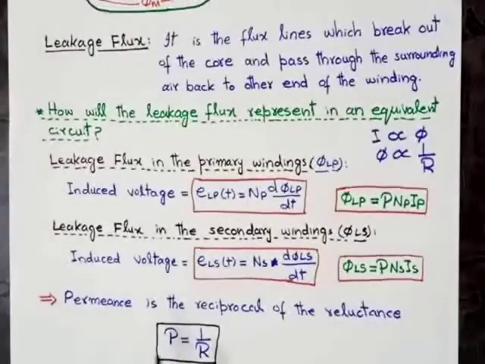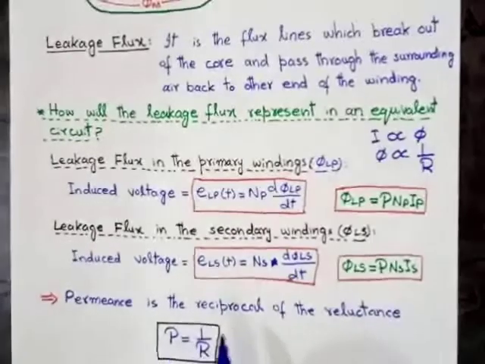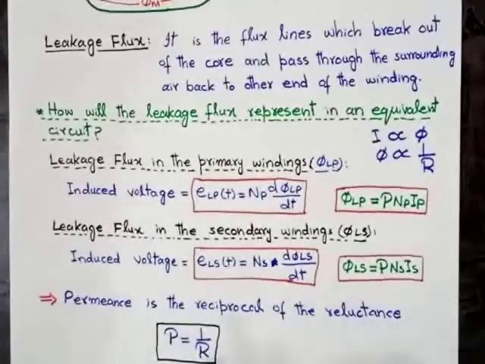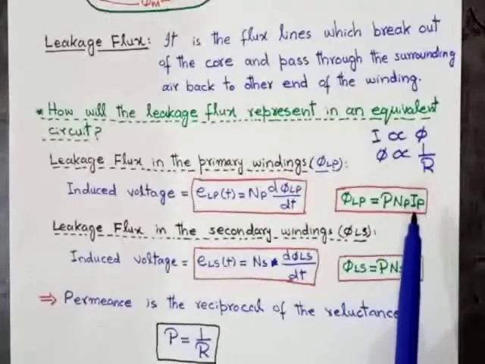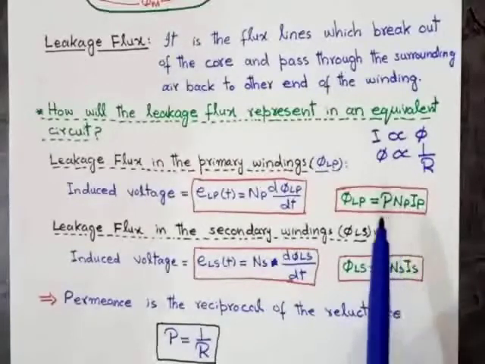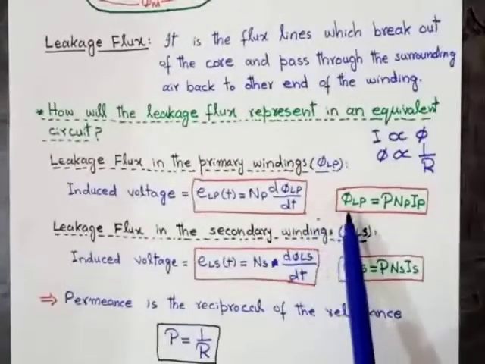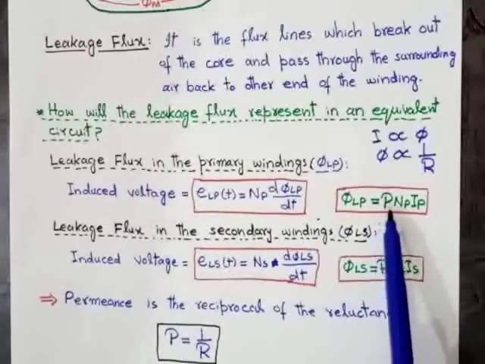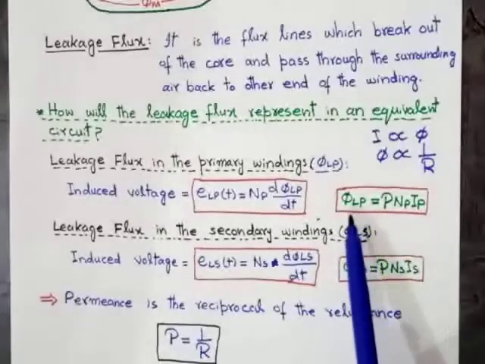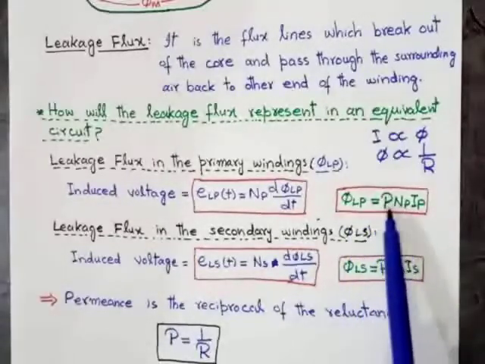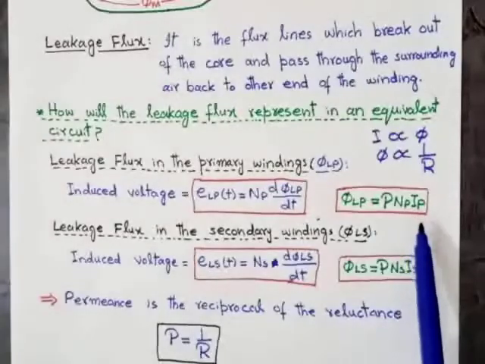And as we have already discussed, permeance is the reciprocal of the reluctance, that is P is equal to 1 over R. If we write this equation in the form of reluctance, then the flux will be equal to NP IP over R. If we write the equation in the form of permeance, then it will be equal to P NP into IP.